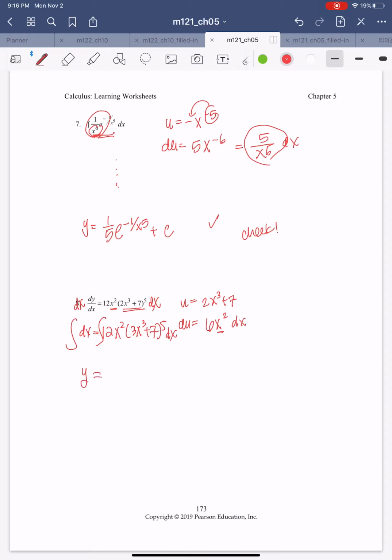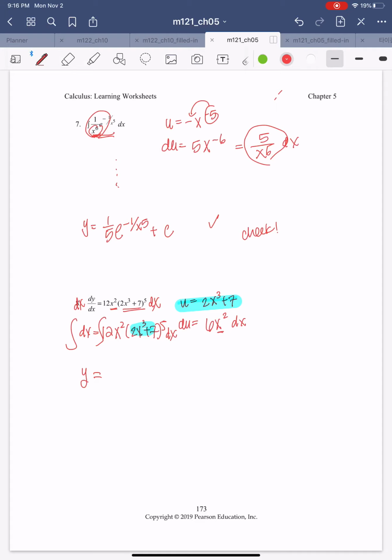Here is our substitution. U will be, I think I made a mistake. It should be 2. U will be 2x cubed plus 7. So that's your u to the 5th power.